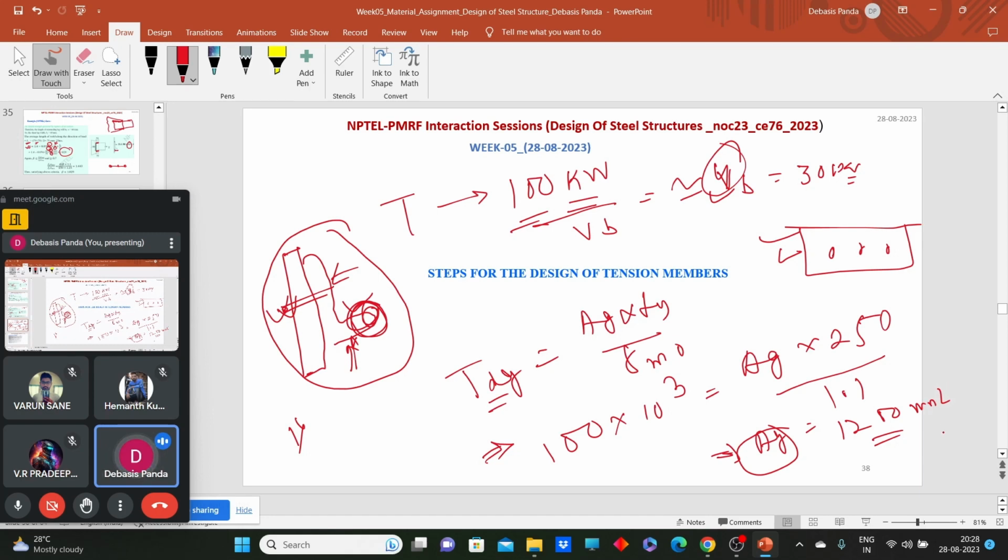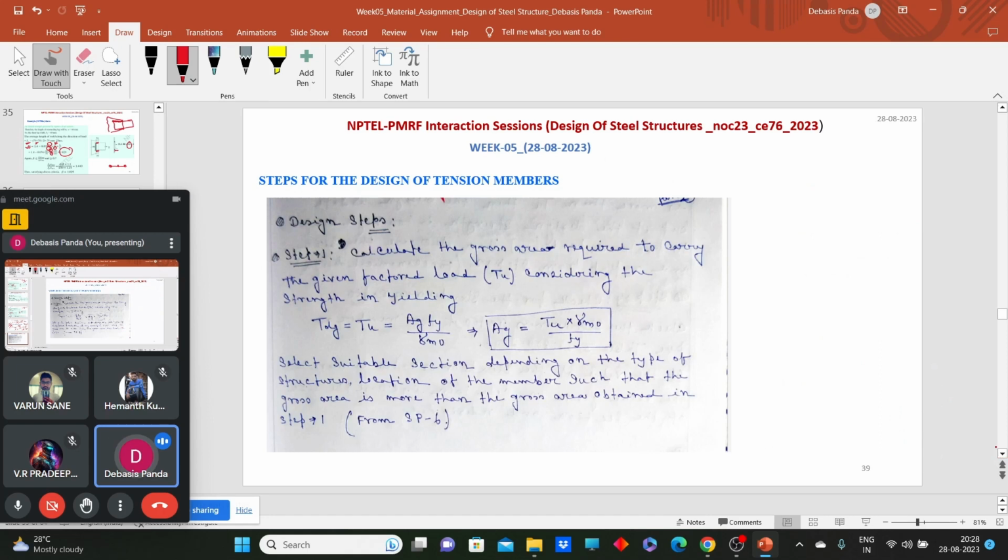So let's quickly go to that step, what I have just said. So first we need to calculate the gross cross-sectional area required to carry the given load TU. That means one factor tensile load is given. So to counteract this load, first we need to calculate the gross cross-sectional area considering the yielding as a failure.